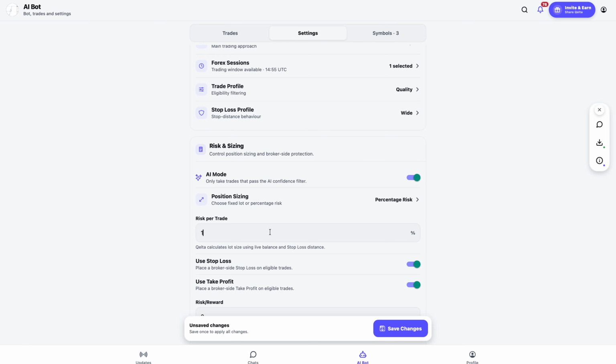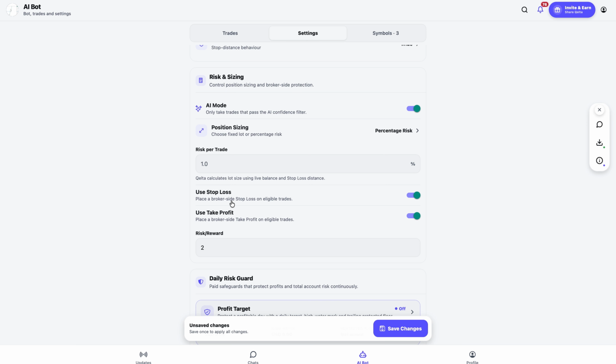So it will be able to calculate lot sizes automatically according to my account balance. So if my account balance goes up to $1,500, then it will be able to risk $15 per trade. You can also use any risk per trade percentage, whichever you are comfortable with.